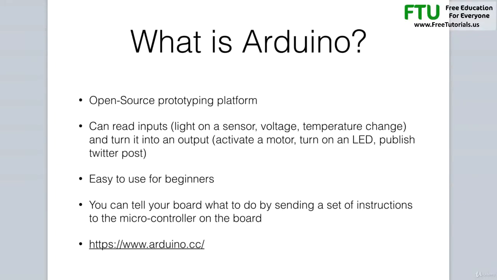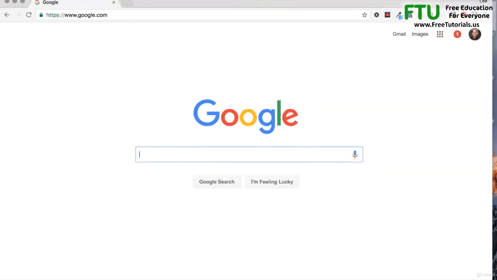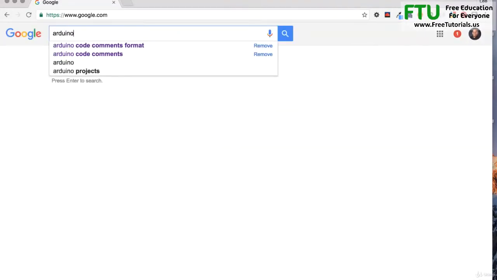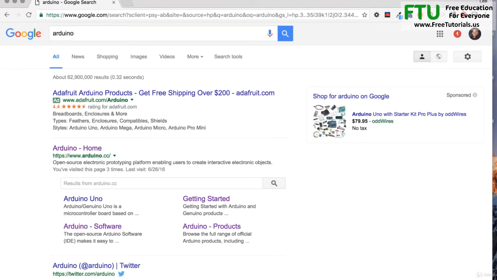Essentially, you can tell your board what to do by sending a set of instructions to the microcontroller on the board. Let's quickly take a look at the Arduino website. You can find the website by just typing in Arduino and doing a Google search. And it should come up.